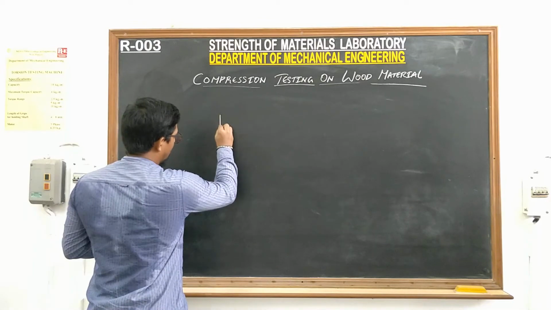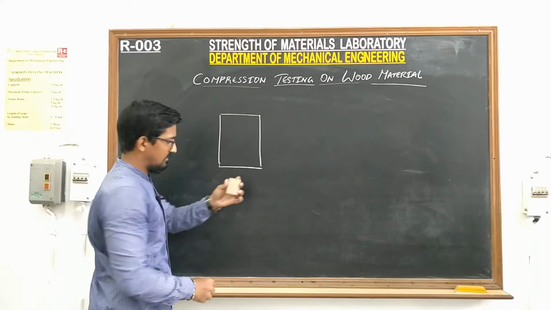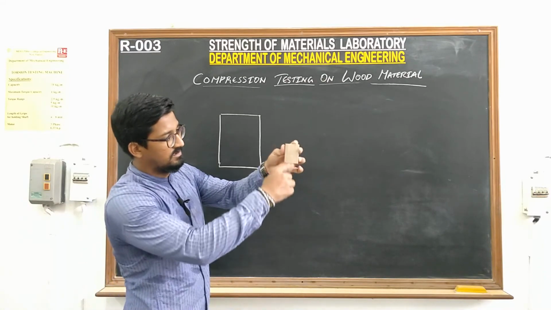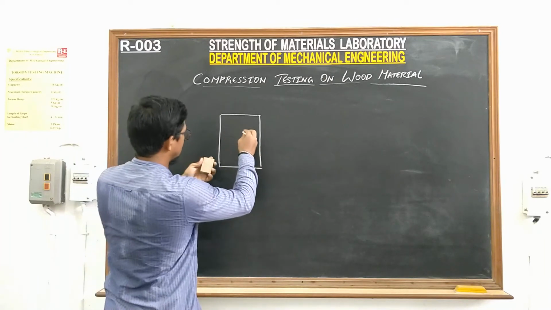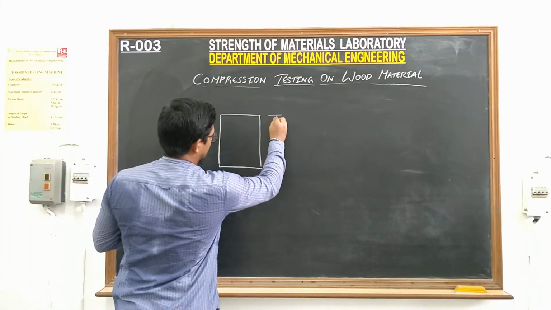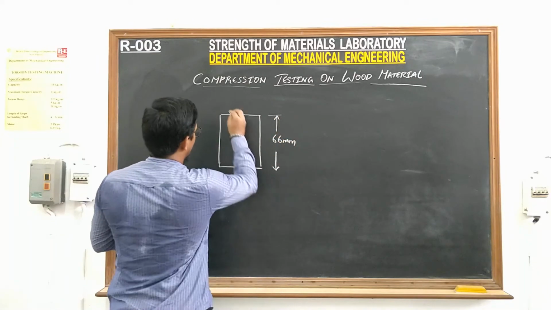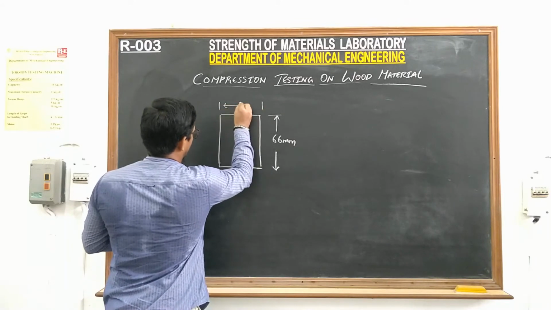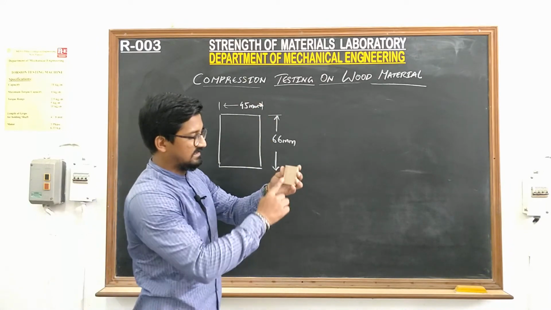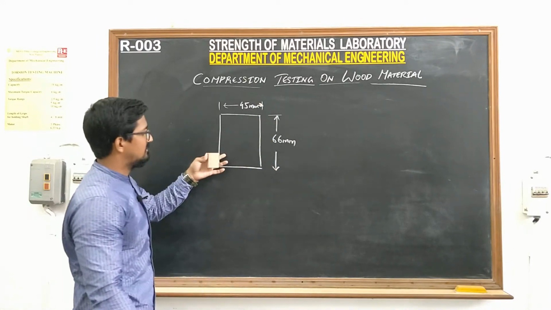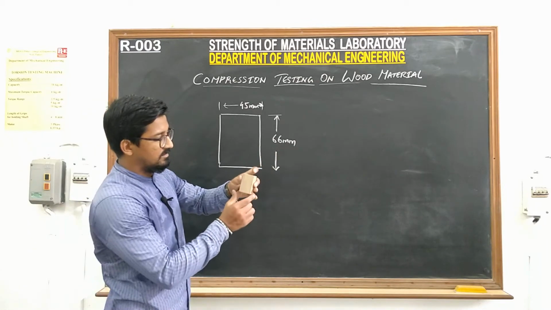With the front view, if we see the figure like this, then the dimensions are 66 mm and 45 mm. So 66 by 45.